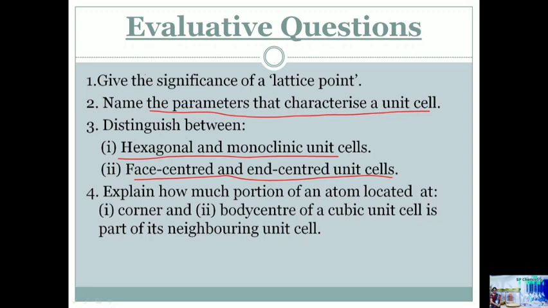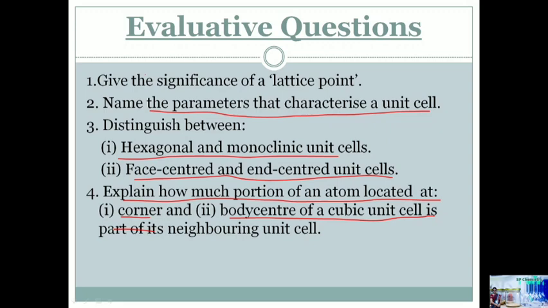Then next question, last question for you. Explain how much portion of an atom is located at the corner, that means its contribution, and of an atom at the body center of a cubic unit cell. We have discussed it in detail. An atom at the corner is shared between how many adjacent cells? 8 adjacent unit cells.